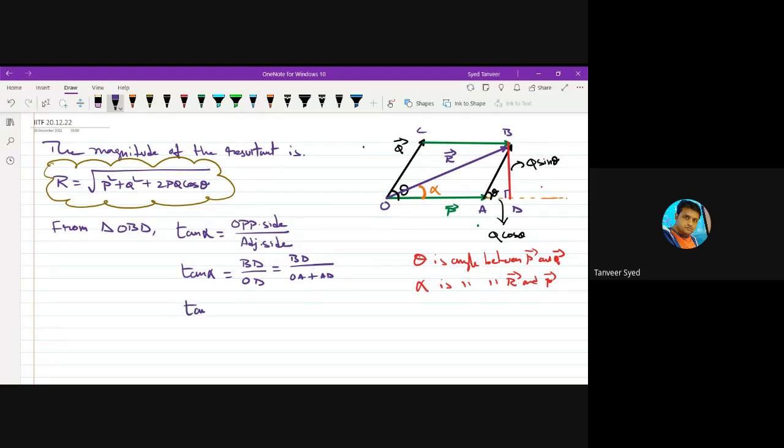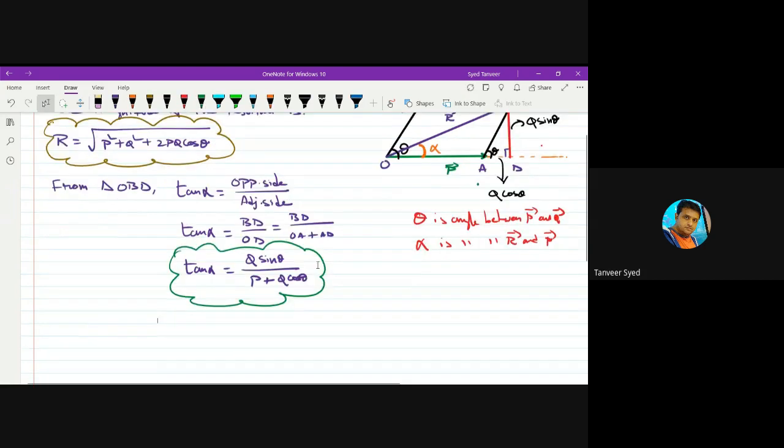So tan alpha, BD is Q sin theta, by OA is vector P and AD is vector Q cos theta. Q sin theta by P plus Q cos theta. From this you can get the direction of R.